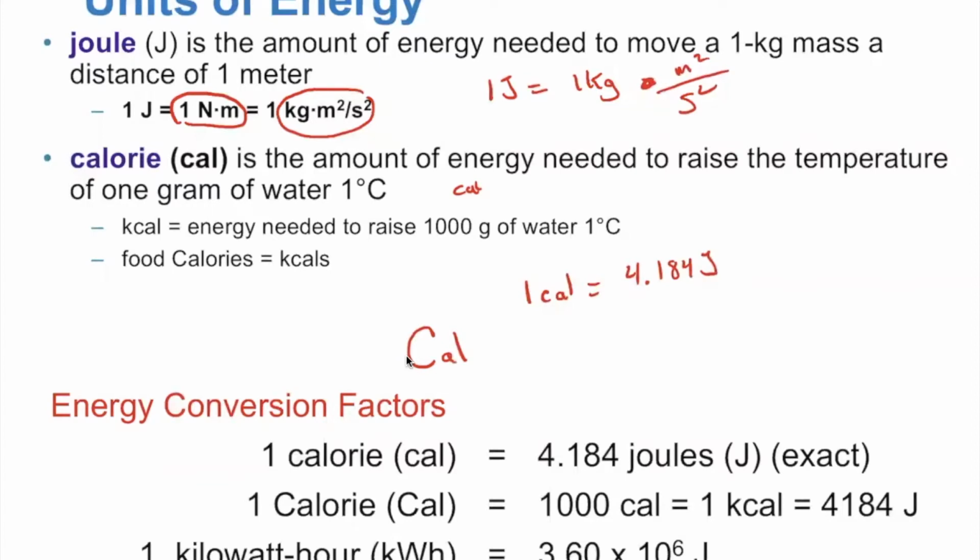So this relationship here is very important. Make sure that you become familiar with these units because we are going to be using them constantly, and that you know how to go from one unit to the other, to be able to convert.